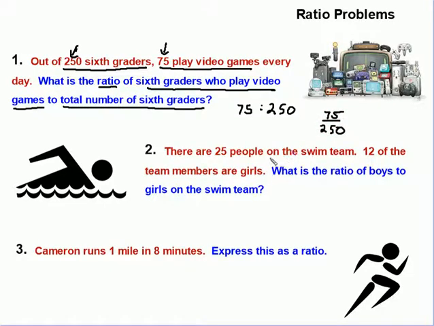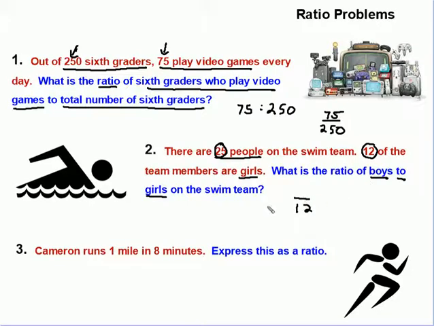Number 2, there were 25 people on the swim team. 12 of the team members are girls. So there's 25 people, 12 of them are girls. What is the ratio of boys to girls on the team? So boys to girls, that's our ratio. And we have to do a little bit more work for this one. We know there's 25 people on the swim team, and 12 of them are girls. So the bottom part is going to be girls.